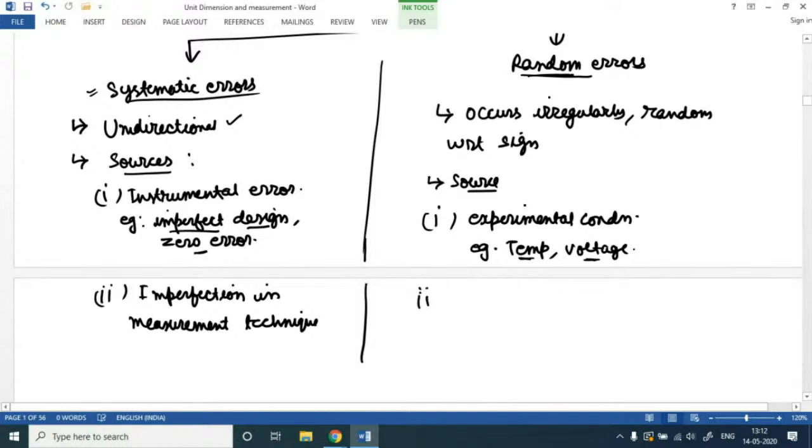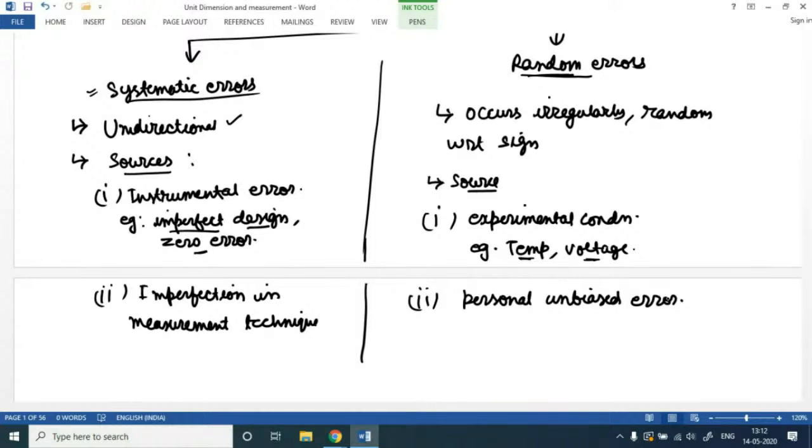The second source of random error is personal unbiased error. Unbiased error means if the same person is measuring the same physical quantity, it is highly unlikely that every time he measures, he will get the same reading.